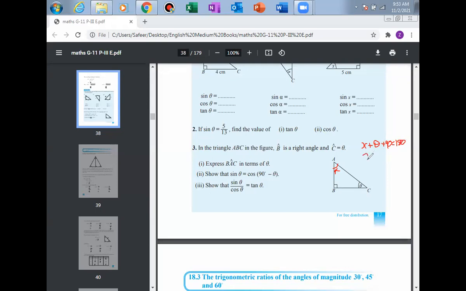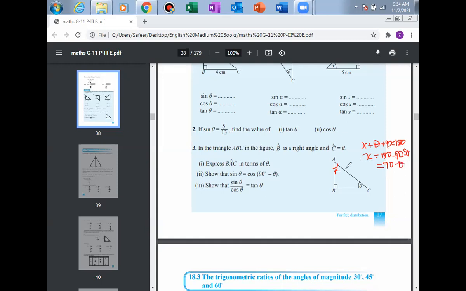Then to find x, you can take theta and 90 to the other side. 180 is on the other side. If you take the 90 to the other side, minus 90. If you take theta to the other side, minus theta. So 180 minus 90 is 90, minus theta.